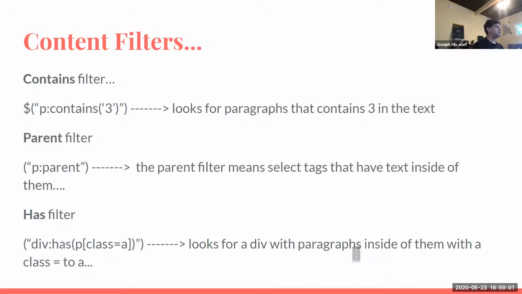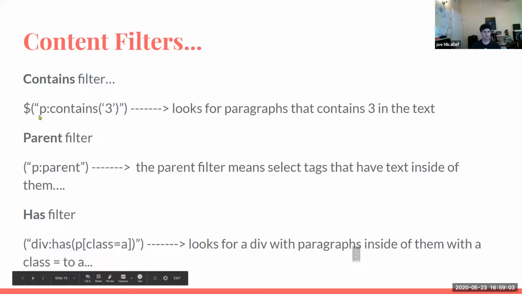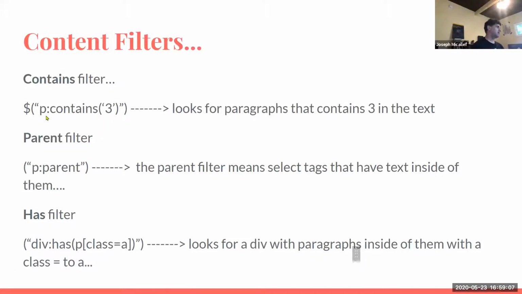And then content filters are more specific, but they're kind of cool because you can actually look for things within the content itself. So this is looking for a p tag that contains the number 3 in the text. This is just looking for tags that have text inside of them, so it's pretty straightforward.